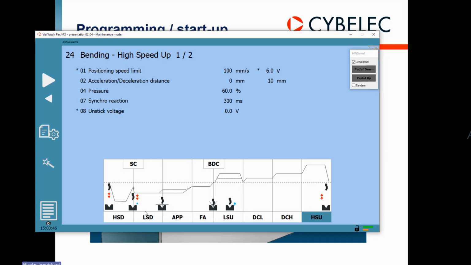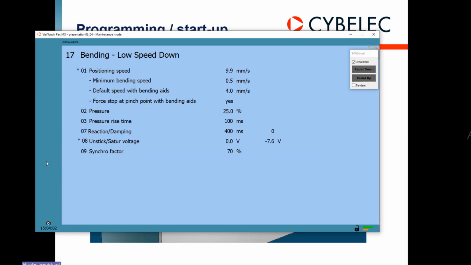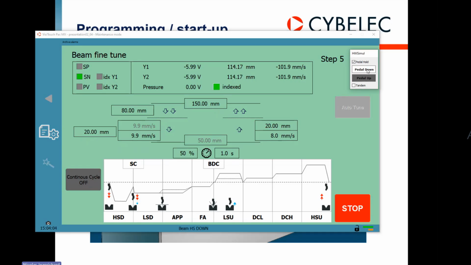And after the auto-tuning, since it does a lot of things, but it cannot unfortunately do everything, you still need sometimes to fine tune. Then let's say you have an issue in low speed down, you go to this page, low speed down, you check the parameters you want to change, you change it, you go back to the magic stick, you press the pedal, see if the problem is solved.